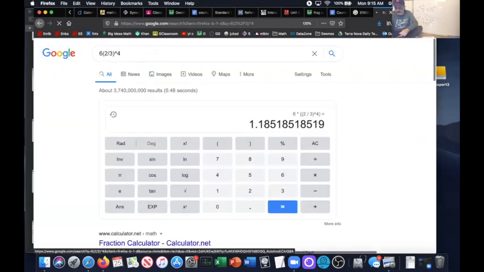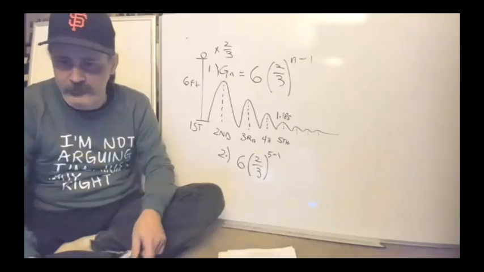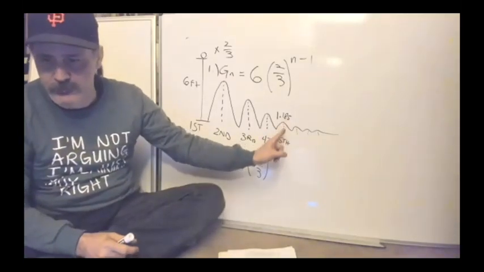Okay, so we have Google do that, and there it is. After the fifth bounce, it is a little bit more than a foot. All right, so this would have been the fifth bounce. So that right there would have been a little bit more than a foot.